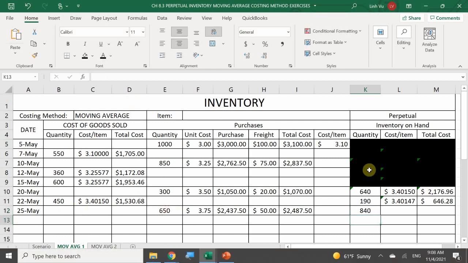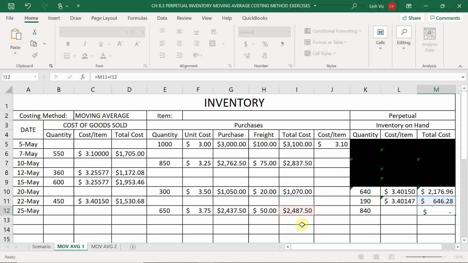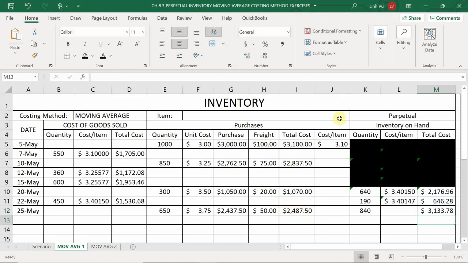And I'm going to now have 840 items left available at a new total cost of $3,133.78. So therefore, my average cost per item now is going to be $3.73069.